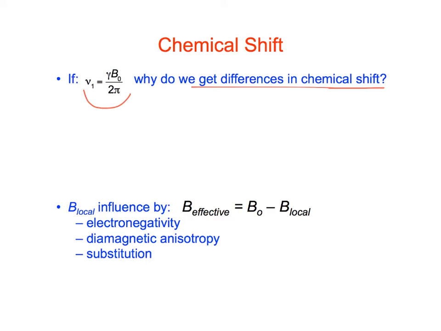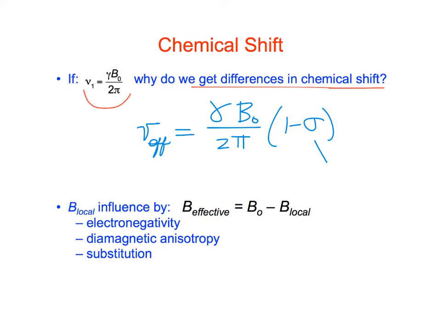All right, so we could also write this out like this. So the effective frequency, so this is the frequency of the actual light, equals gamma B0 over 2 pi times some factor, 1 minus sigma, and this is called the shielding constant.